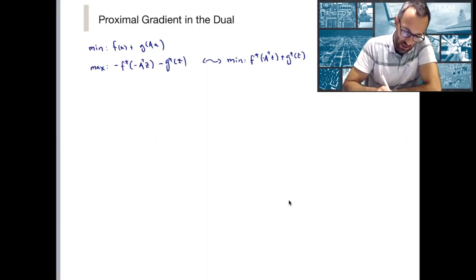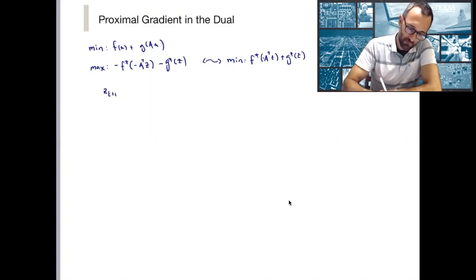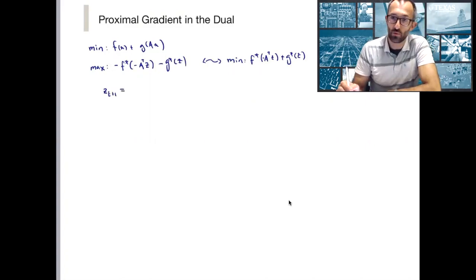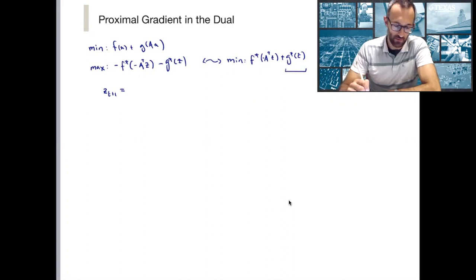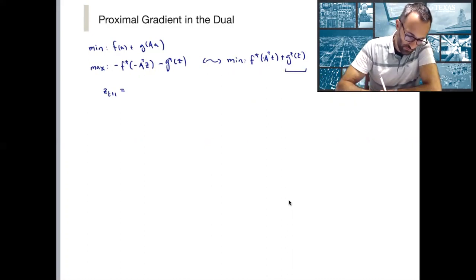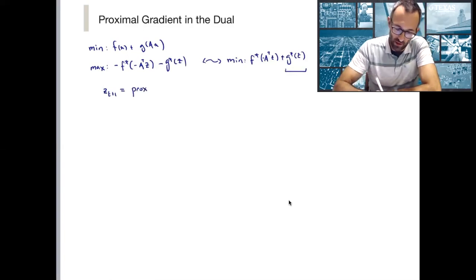And now z t plus 1, if I wanted to do proximal gradient, I want to use prox on g and take the gradient of f, exactly as we developed proximal gradient the first time we saw it.